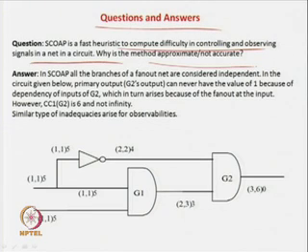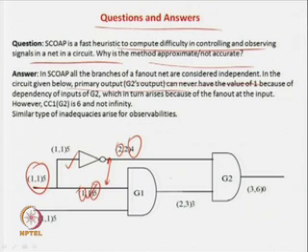In this answer, yes, SCOAP is an approximate algorithm. The main reason for its inaccuracies is that in SCOAP all the branches of a fan out are considered independent of each other. That is, say this is a fan out. So, this is one branch, this is another branch. There is some difficulty here, but this difficulty level and this difficulty level are correlated, because these two outputs are dependent on this input, since this is the fan out input and these are the fan out branches.